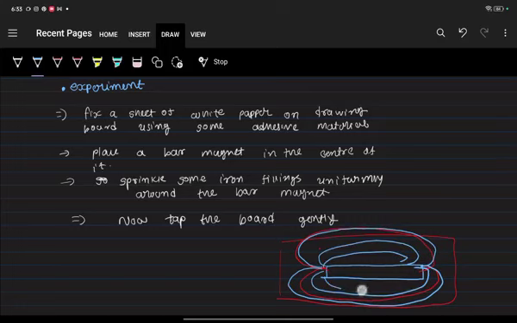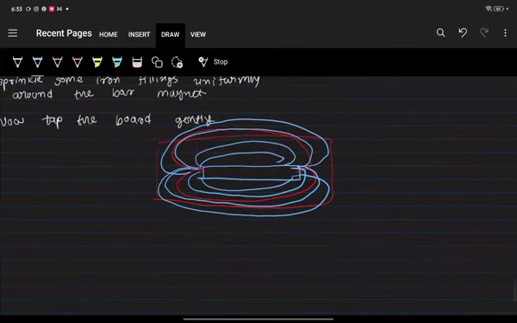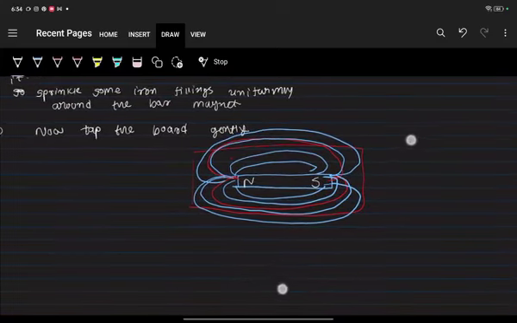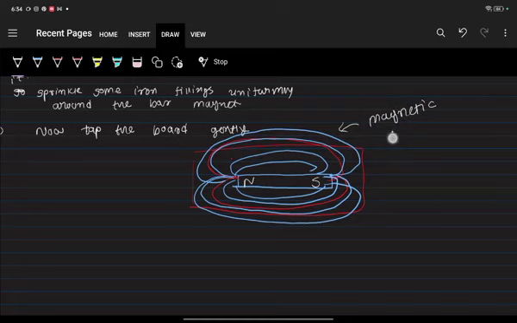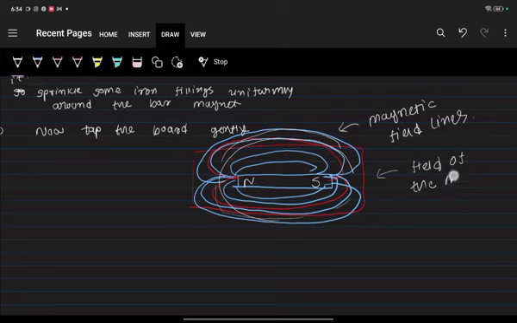Let's say this is our north pole, this is our south. So what are these lines? These lines are called magnetic field lines. And this region around the magnet is called the field of the magnet, which is our magnetic field.